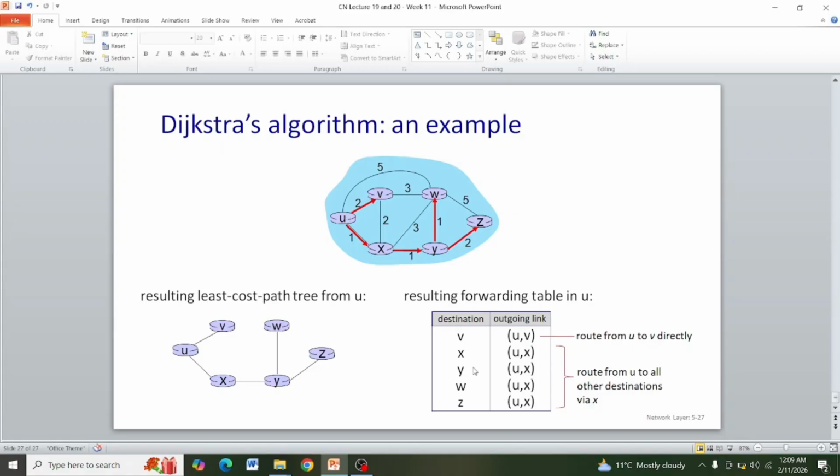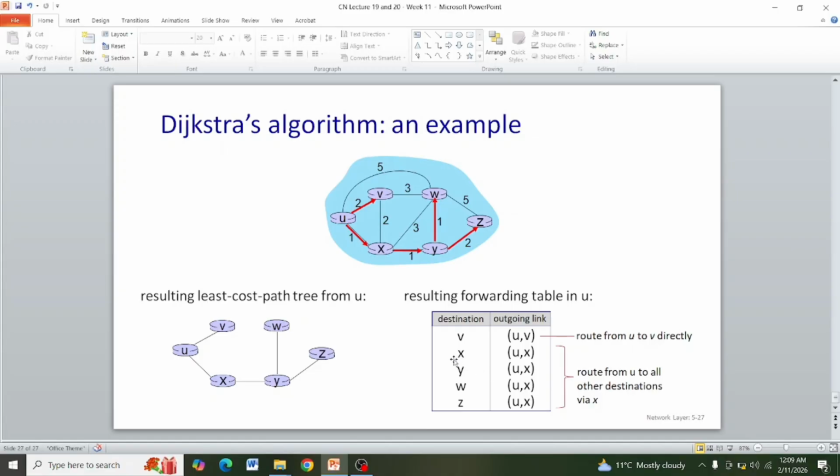Here is the summary. We can see that from u to node v, we will be traversing this path, that is u, v. From u to x, we will be using this link x. From u to y, we will again be using the link ux. Now, here is the question.